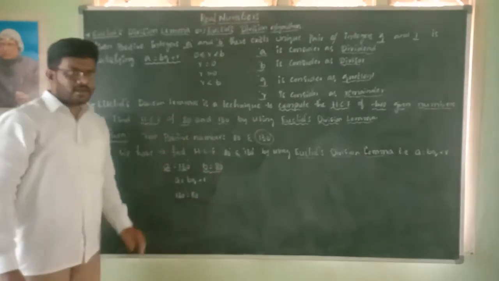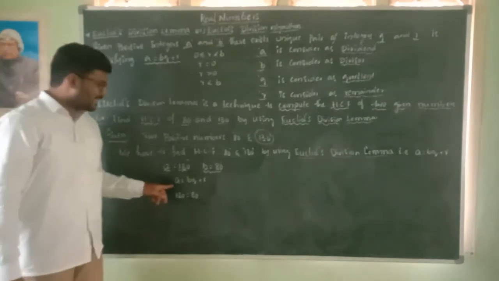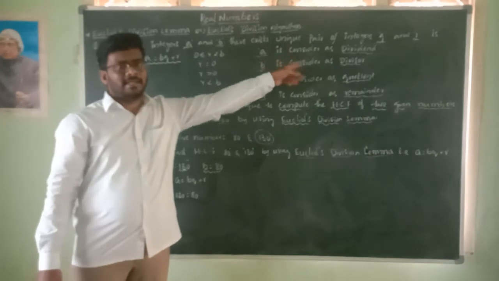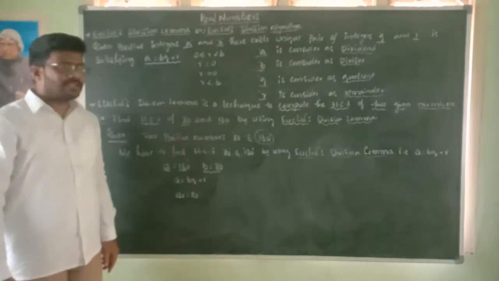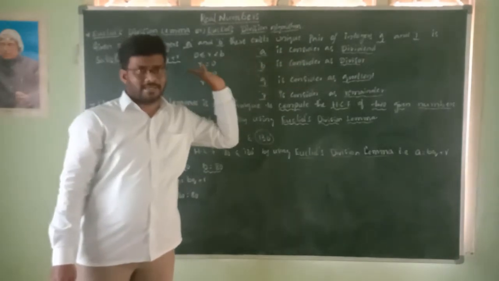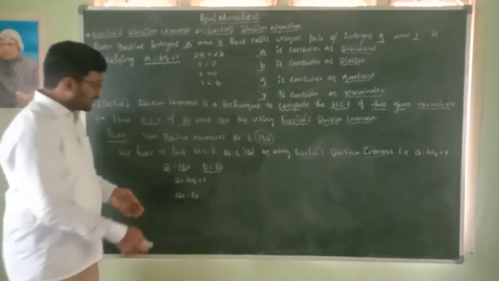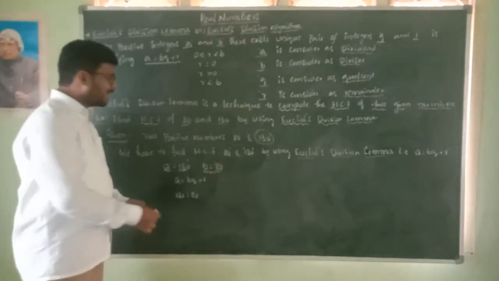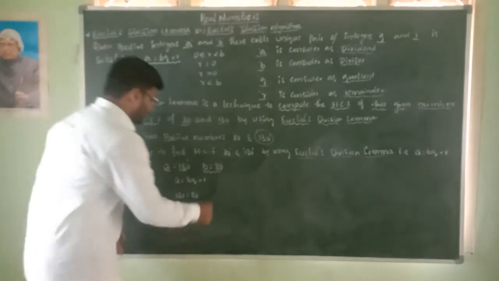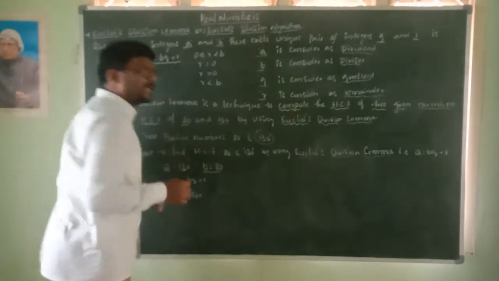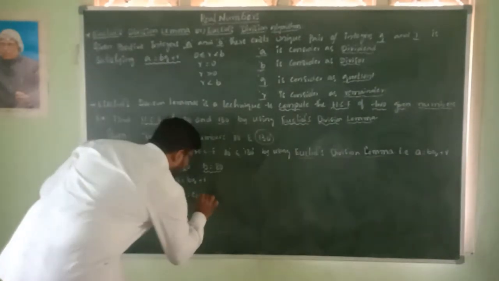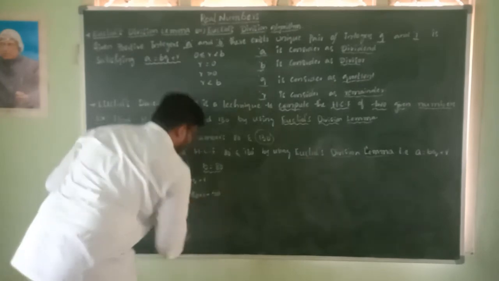Okay, children, observe here carefully. According to Euclid division lemma, we consider a as the dividend and b as the divisor. So this dividend 130 divided by divisor 80, then the remainder will become 50.